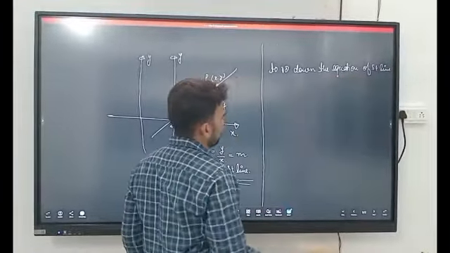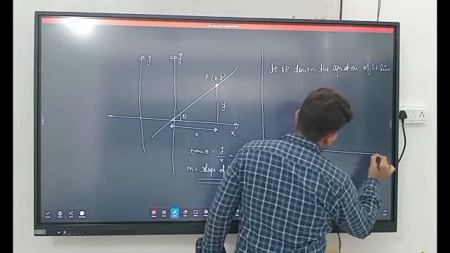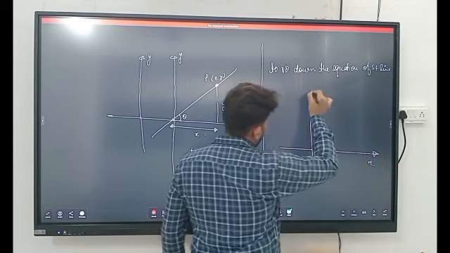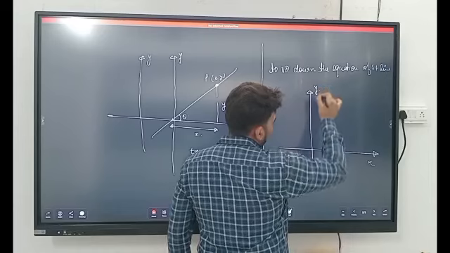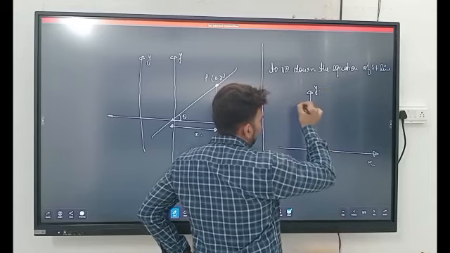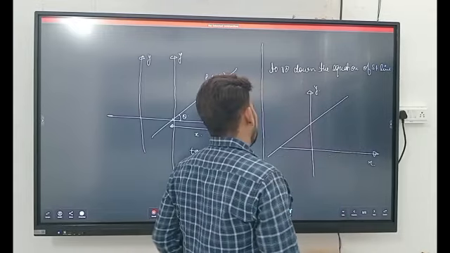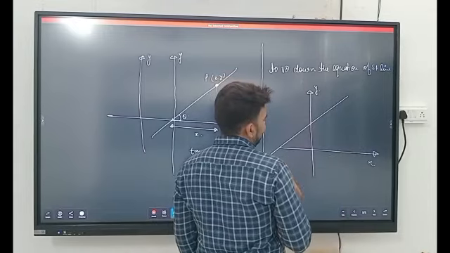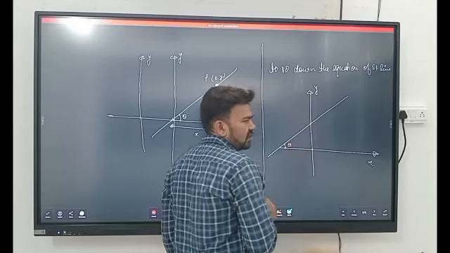Let us suppose it is the y-axis and this is the x-axis, right? And here we are taking the line like this. Now listen to me very carefully. This angle is termed as the slope of the straight line.